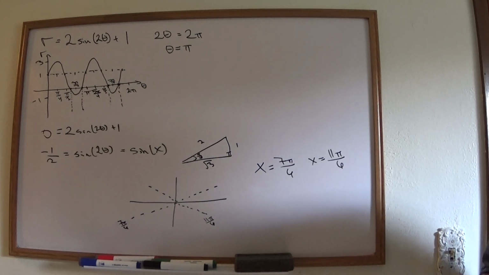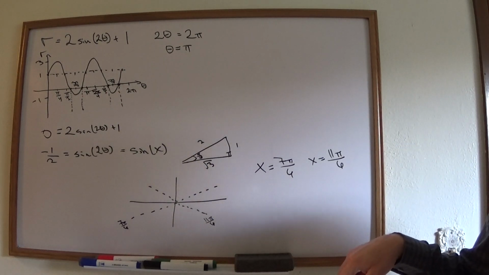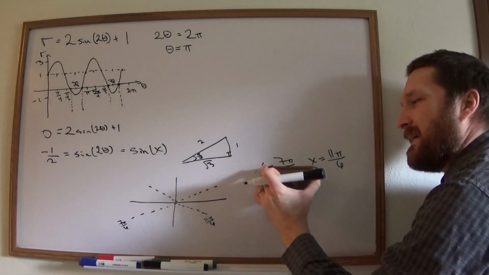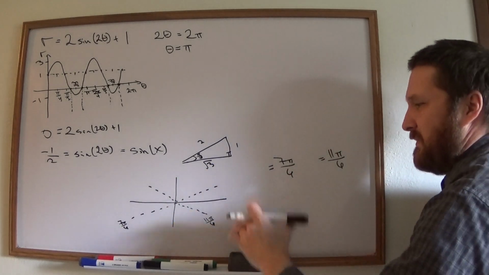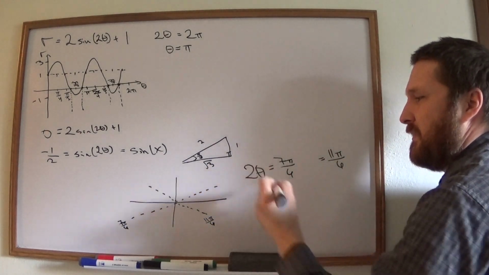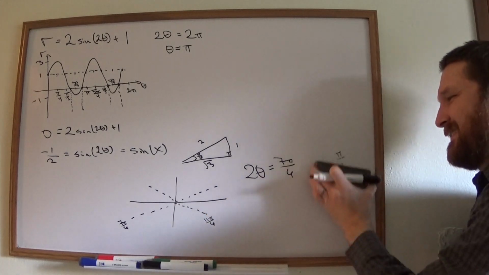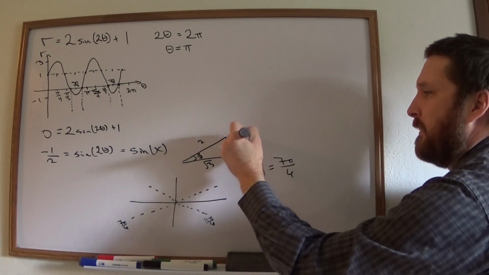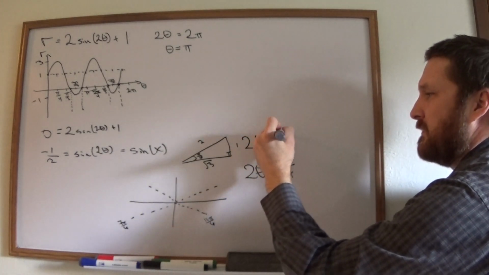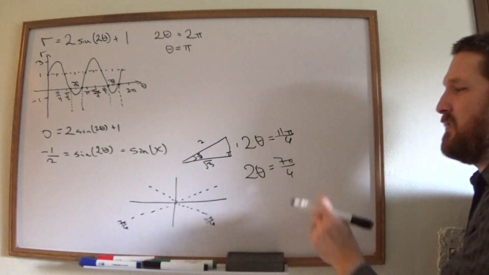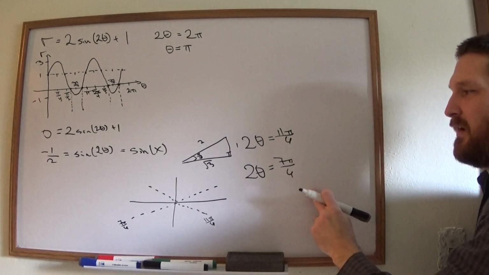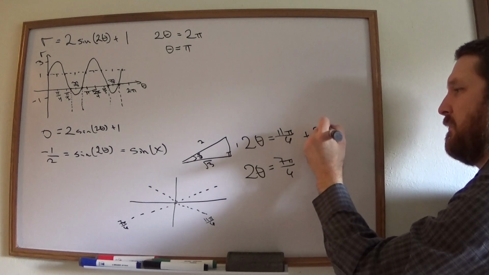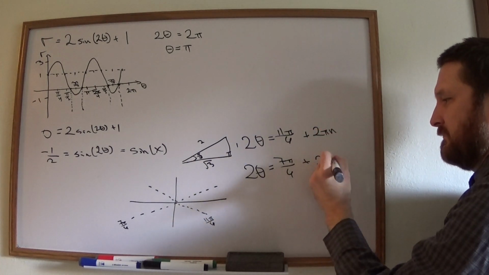But we divided by 2, because x is the same thing as 2 theta. This is what's so hard about this. This is 2 theta equals 7 pi over 6 and 11 pi over 6, plus all 2 pi multiples of these.